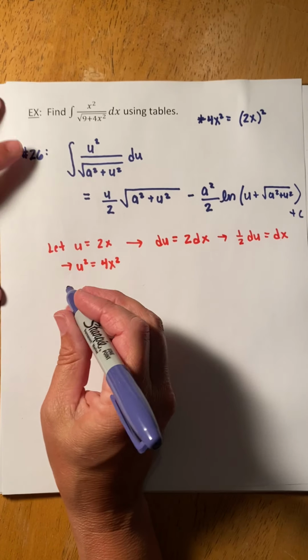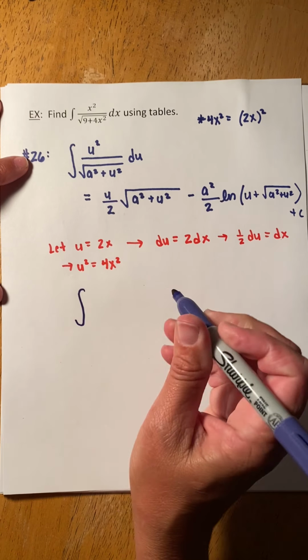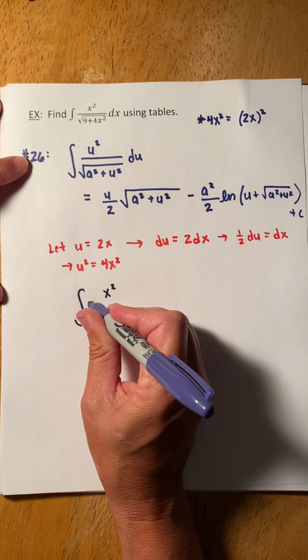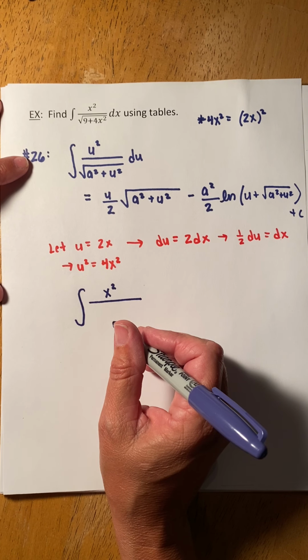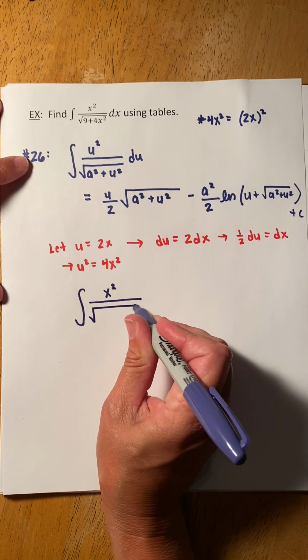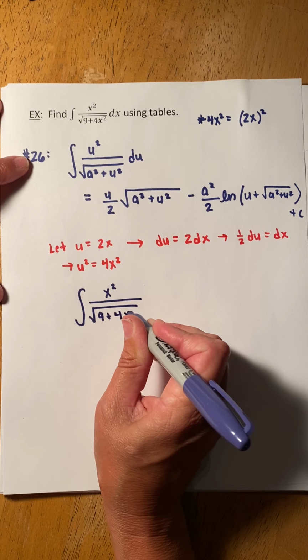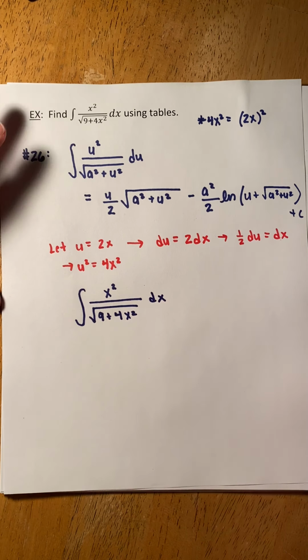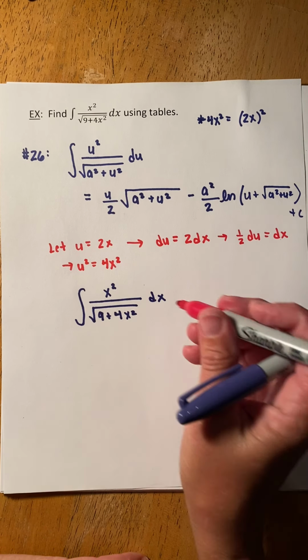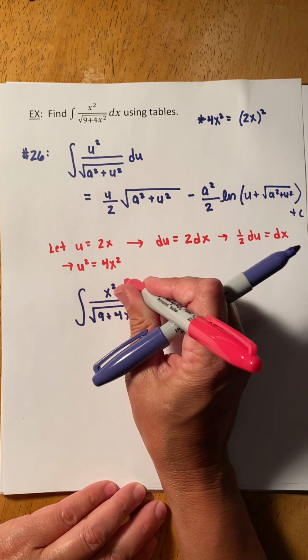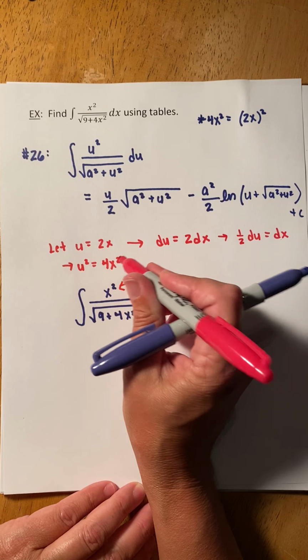So now let me rewrite my integral. We're going to stick in everything where it belongs. I have x squared all over the square root of 9 plus 4x squared dx. So I'm going to get rid of all my x's and replace them with the u's. So x squared is, well, be careful. We know what 4x squared is.